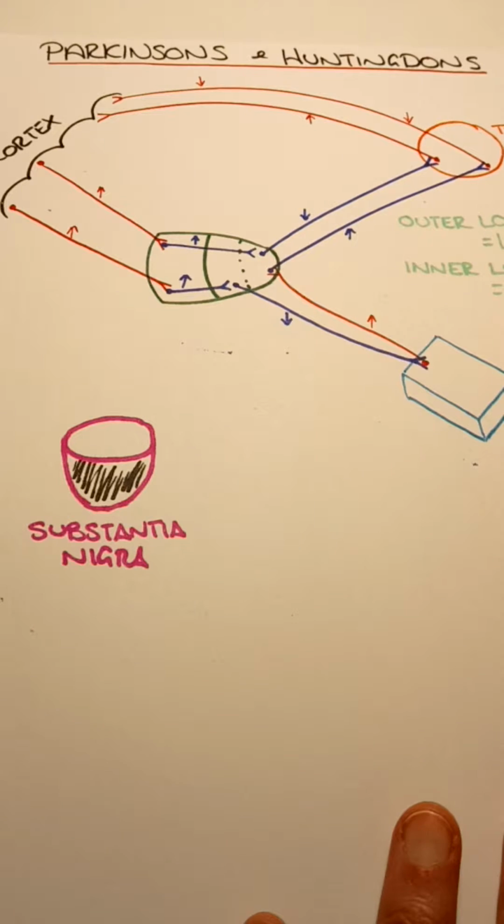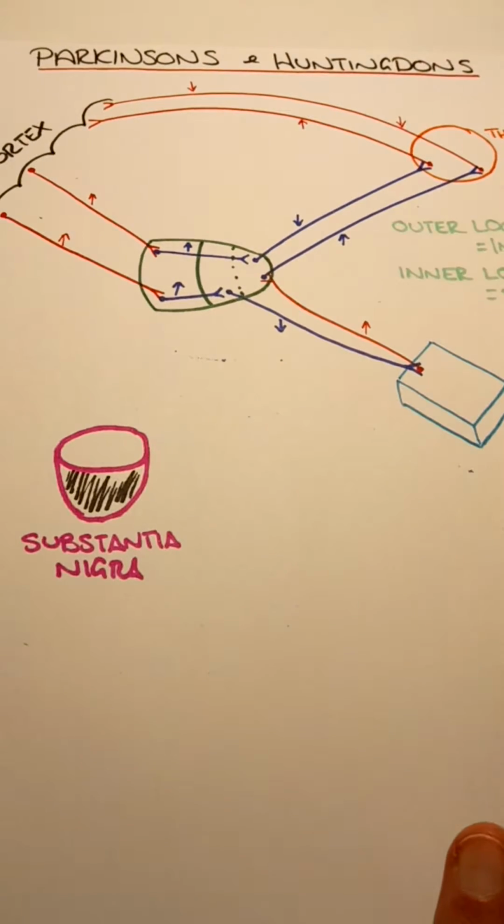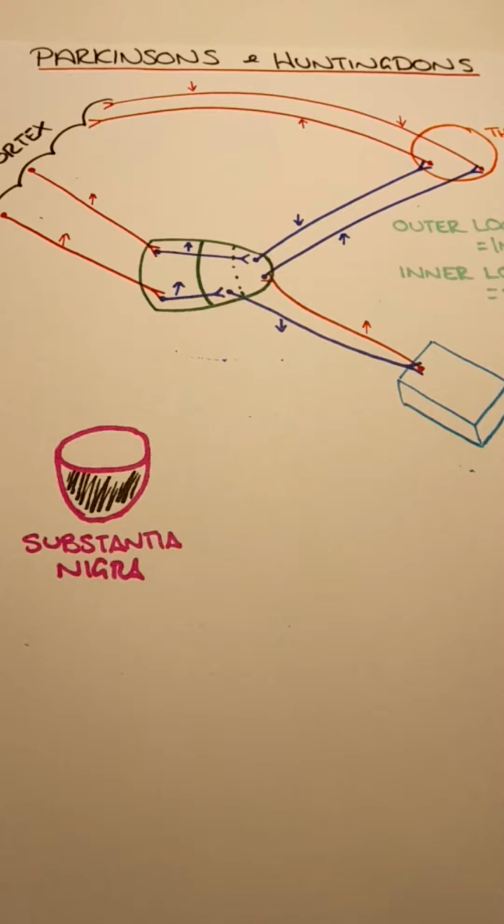Okay, so that's the two pathways, and we have Parkinson's disease and Huntington's disease, and we're going to talk a little bit about how they affect these pathways.